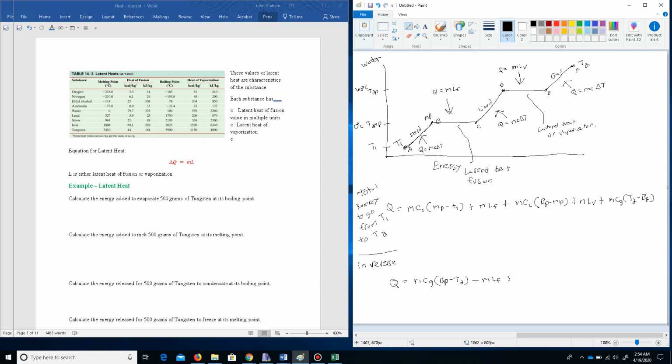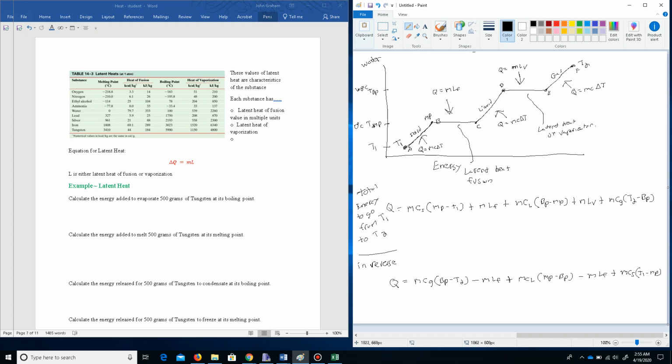Then plus mass times specific heat as a liquid, and then melting point minus the boiling point. That's going to make this negative overall. So this will be negative, this is negative, this will be negative, minus mass times the heat of fusion, and then plus mass, C as a solid, and then T1 minus melting point.